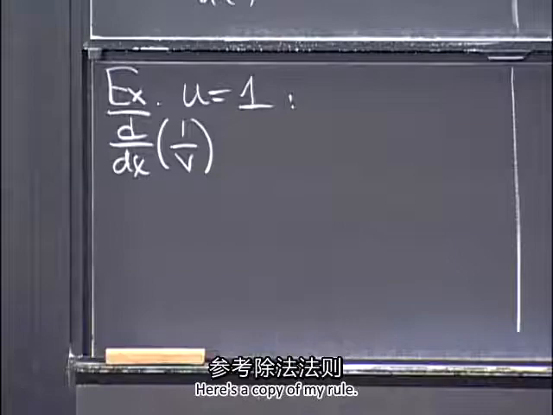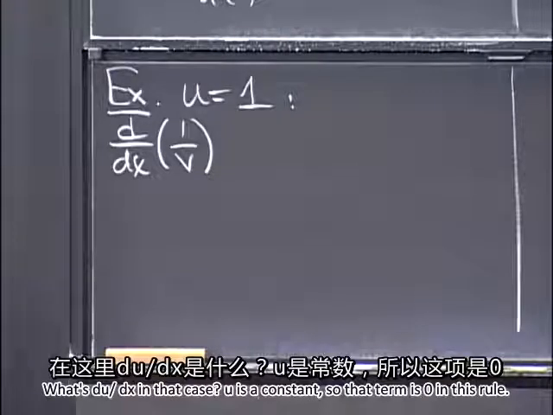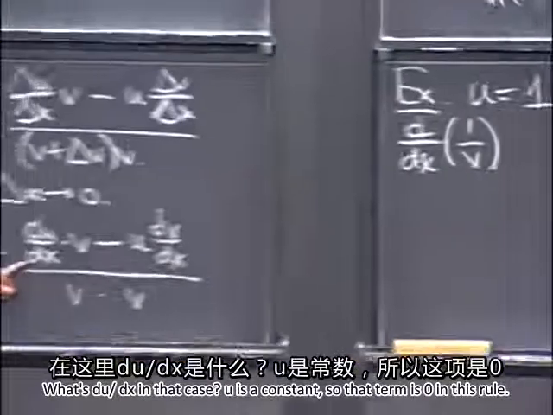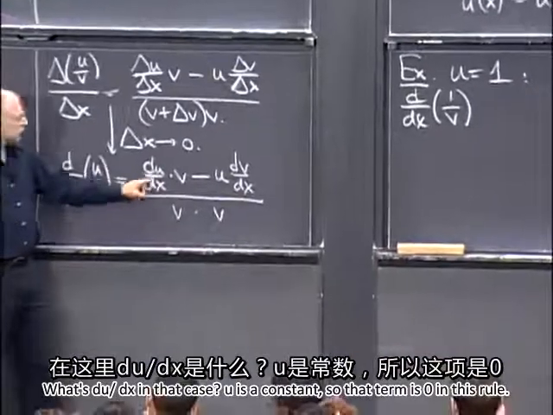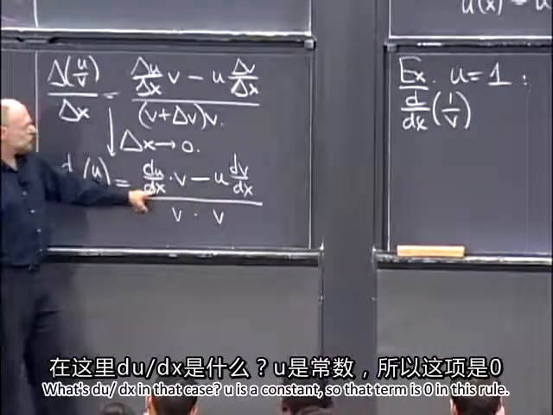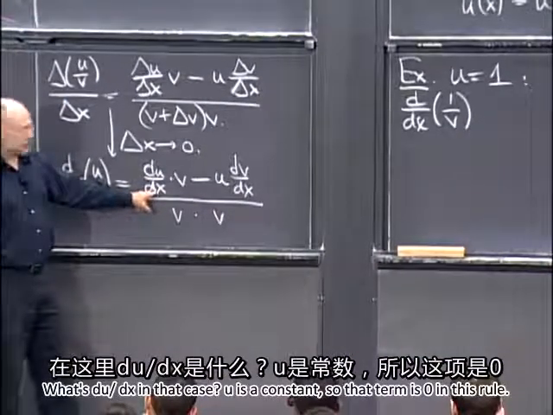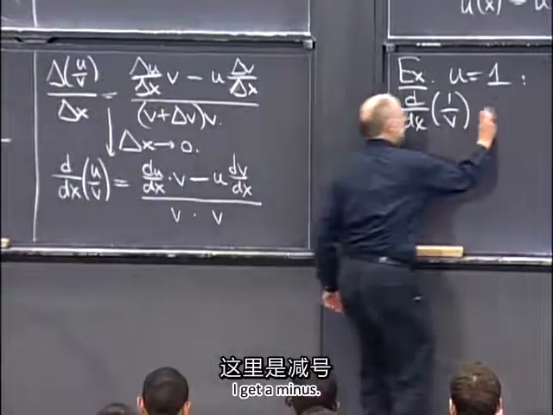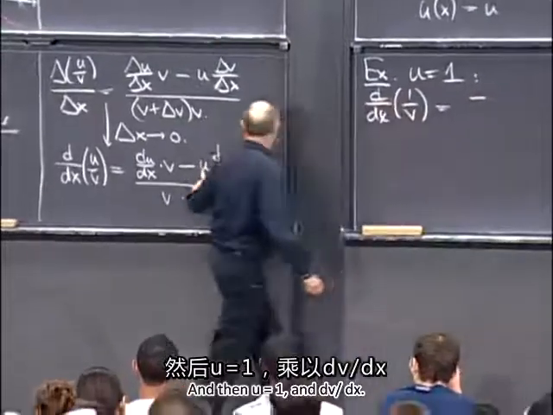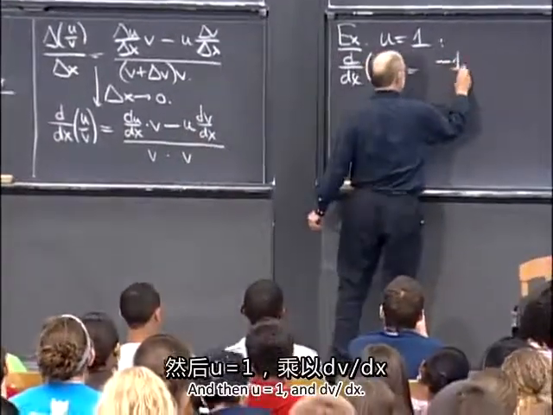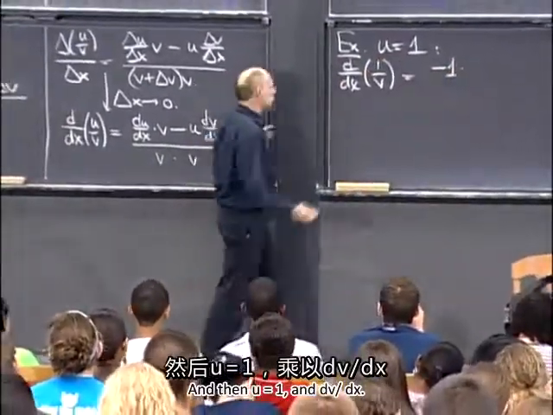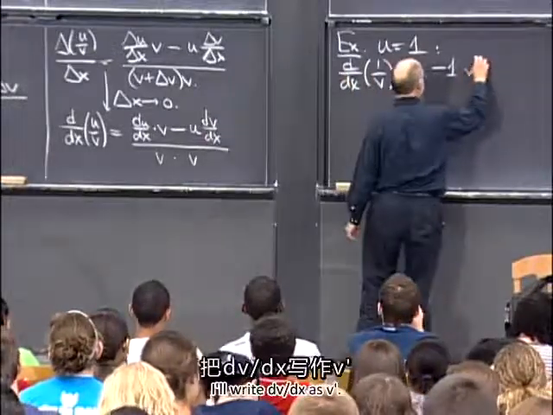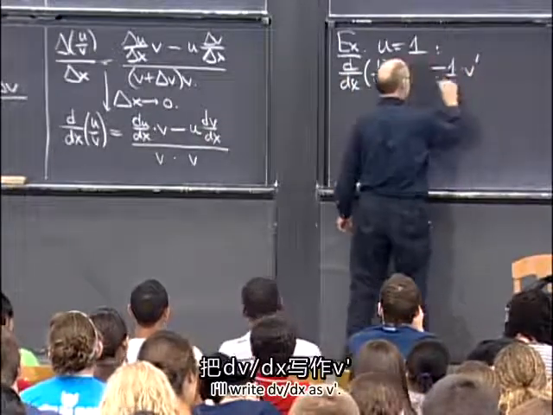Here's a copy of my rule. What's du dx in that case? U is a constant, so that term is 0 in this rule. I don't have to worry about this. I get a minus, and then U is 1, and dv dx, well, V is whatever V is. I'll write dv dx as V prime.